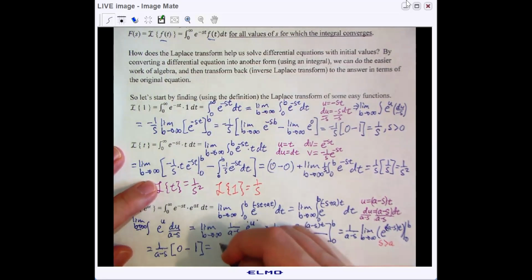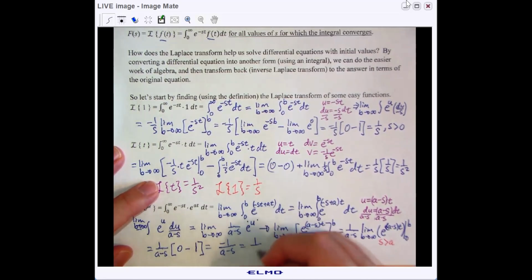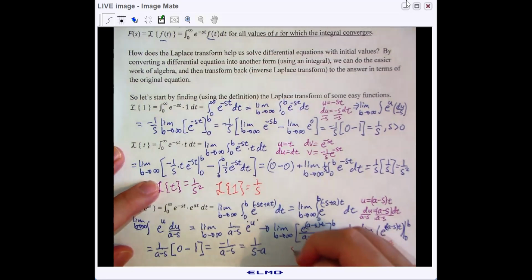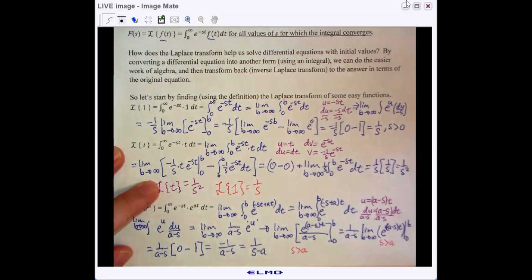So that gives us negative 1 over a minus s, or if I multiply top and bottom by negative 1, I will get 1 over s minus a. And that will work, provided, of course, that s is greater than a. So this is the Laplace transform for e to the a t.